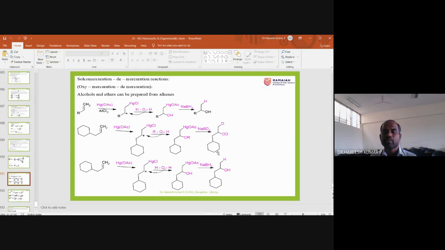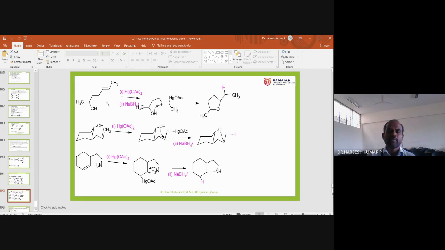It is a leaving group and this is the product. Similarly, this is one more, but what is the change? Here an alcohol, but here water, so that is how OH is there. That's all. The difference between here and here is that the solvent used is alcohol here, water here. With this, I will go to the next slide.